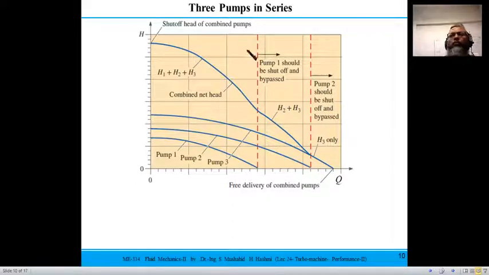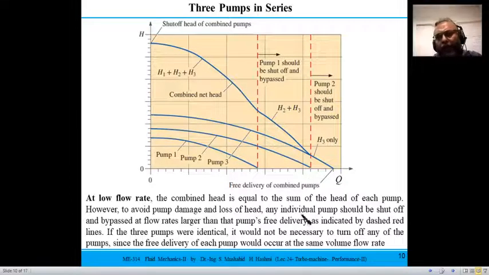The arrangement works with low volume flow rate, where all 3 pumps can provide the head. So if your application is to increase the head, you have to keep your volume flow rate low, because if you increase it, pump 1 or pump 2 might become ineffective. This is what I have written here, and you will be able to read it.